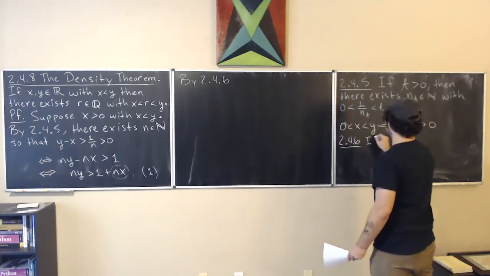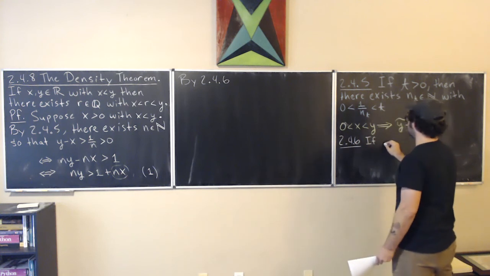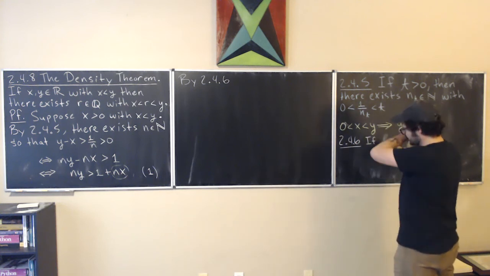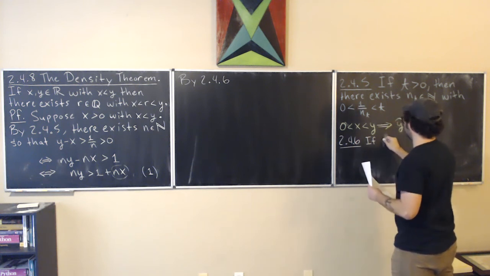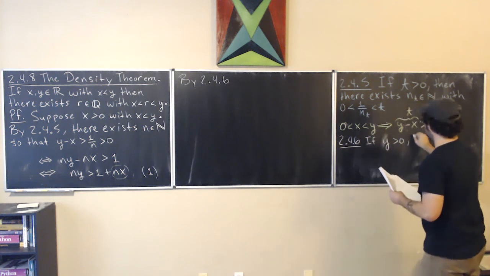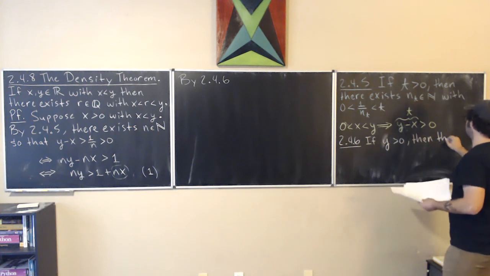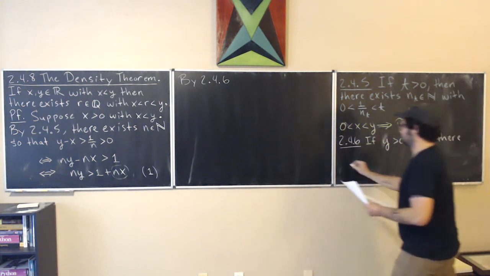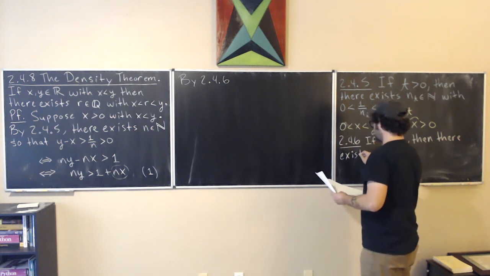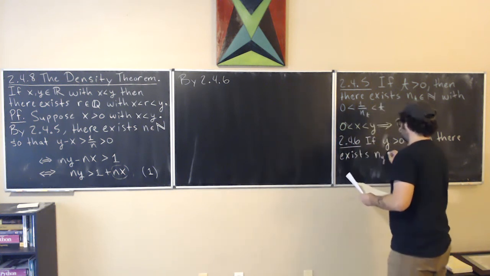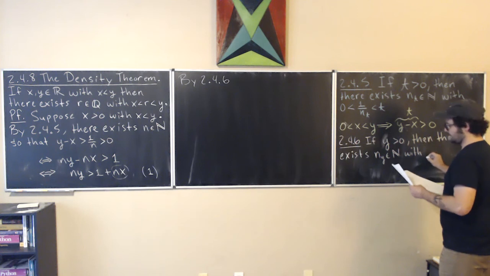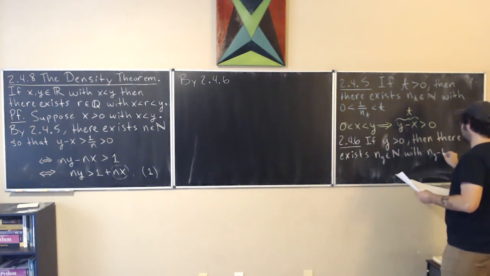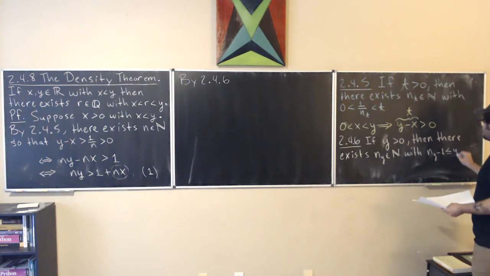It says that if y is greater than 0, then there exists some natural number n sub y with n sub y minus 1, which is less than or equal to y, which is less than n sub y.